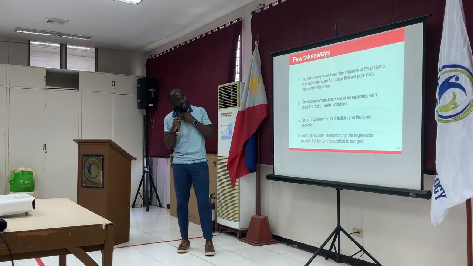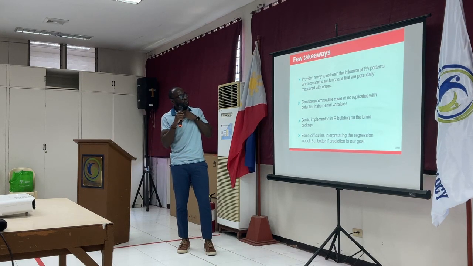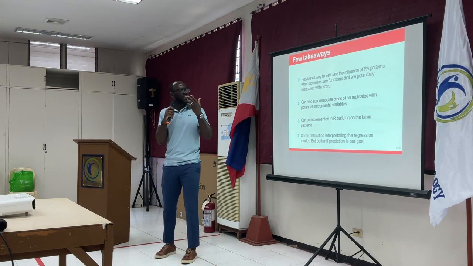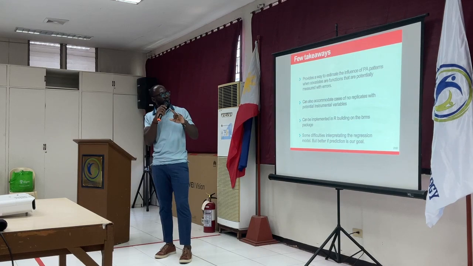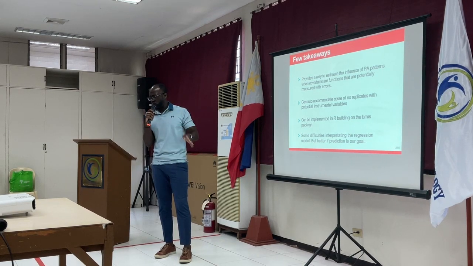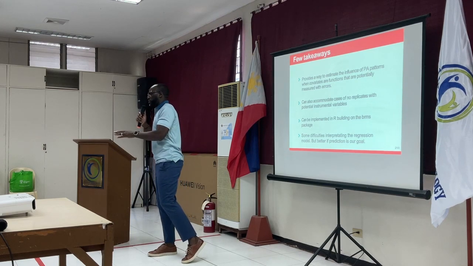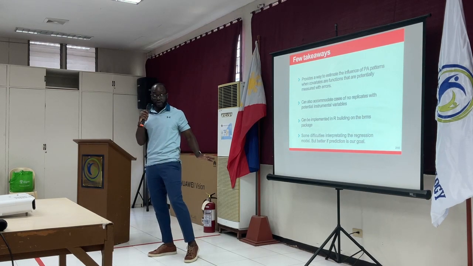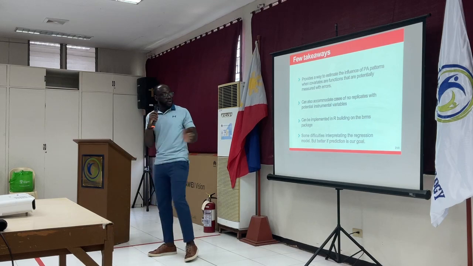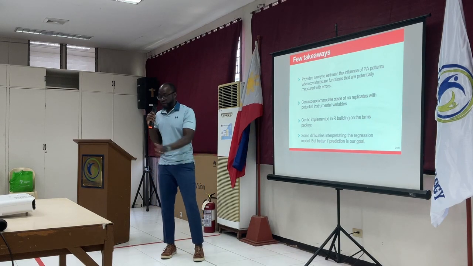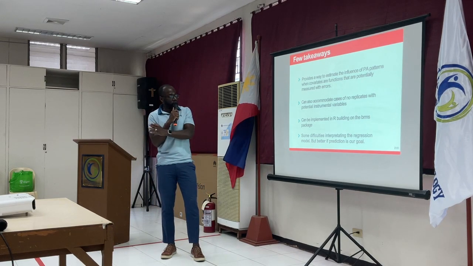So a few takeaways. We provided a way to estimate the effect of physical activity patterns when the covariates are functional. So when you have physical activity pattern, you don't have self-reported physical activity. You have physical activity measured over all 24 hours, over multiple minutes.